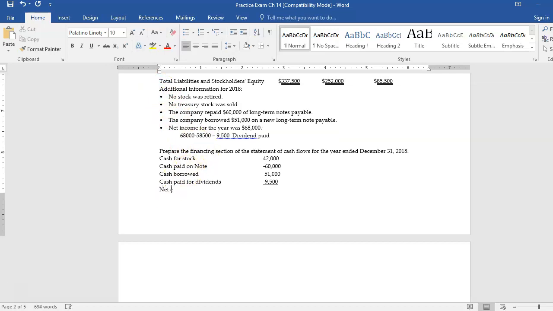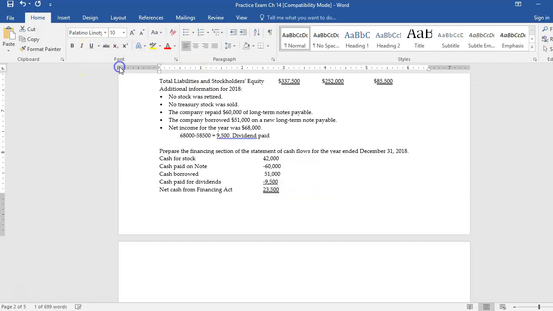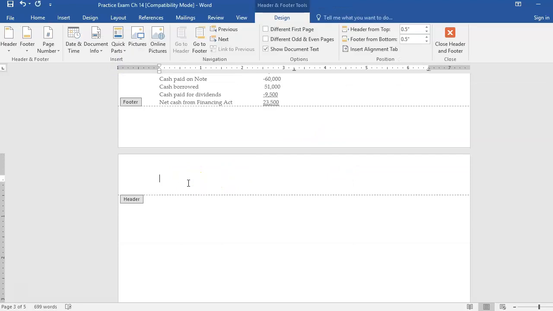And my net cash from investing, oh, sorry, it's financing, is $23,500. Let's see what's next.